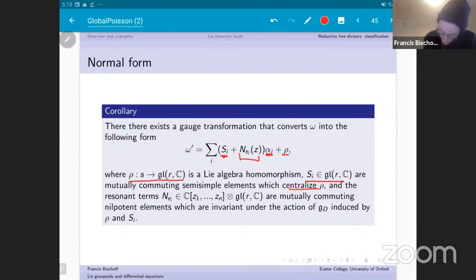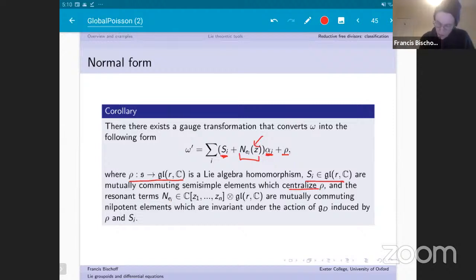And this part, you see, depends on c to the n, so it's not linear. And we can think of it in the following way. It's a polynomial valued in the Lie algebra. And these terms are all mutually commuting nilpotent elements.